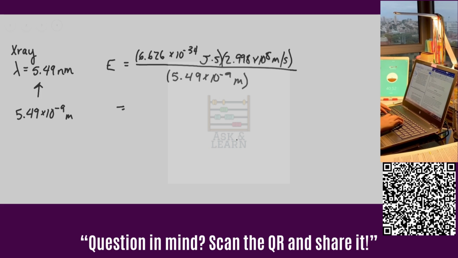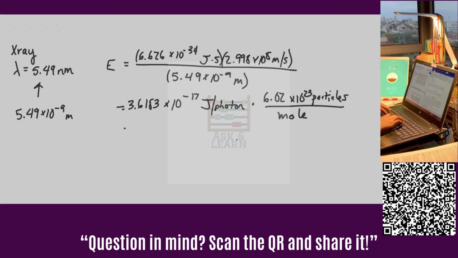From there, we have 3.6183 times 10 to the minus 17 joules per photon. We tack on Avogadro's number, 6.02 times 10 to the 23rd particles, and that gives us a very large number, 217.93329 joules per mole.